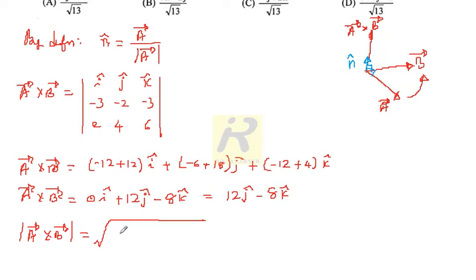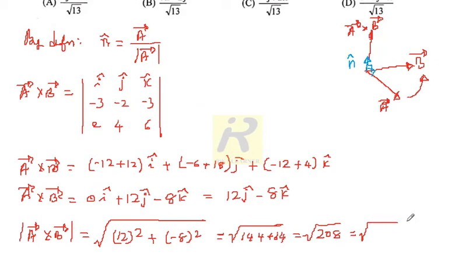So it is 12 squared plus minus 8 squared, which is the root of 144 plus 64. This is the root of 208.